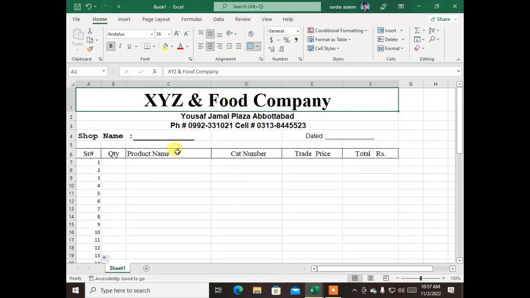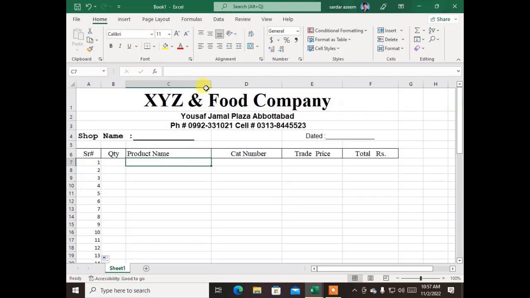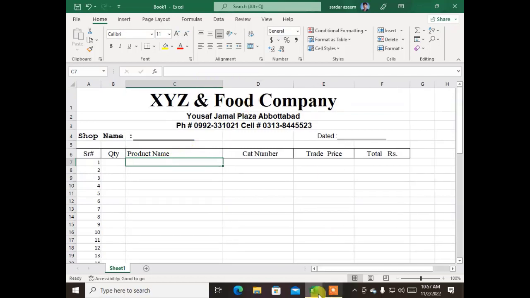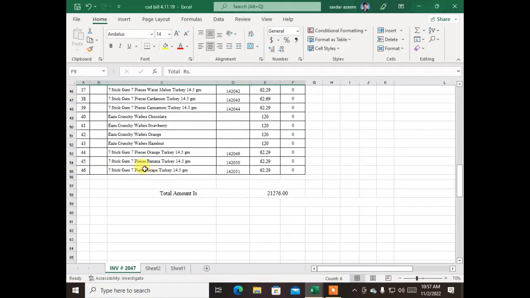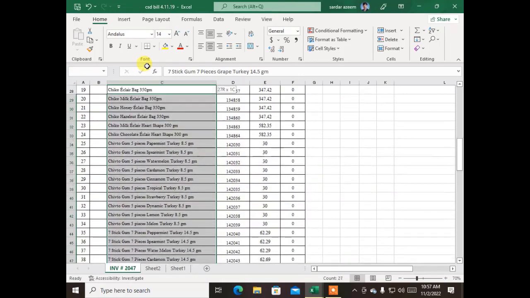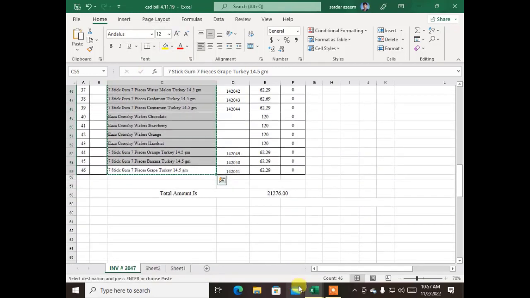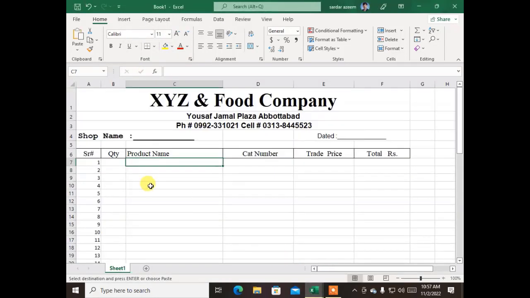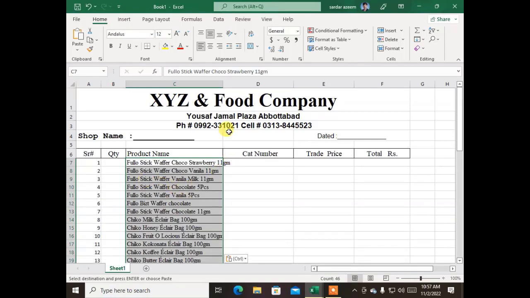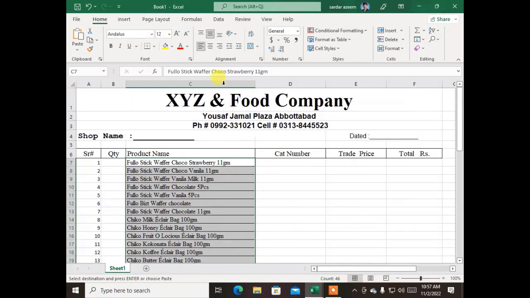Next, you must know the name of the product. For that purpose, I have got many names of products here. These are local products in the market. For example, we have the record of biscuits, chocolates, and this type of products.